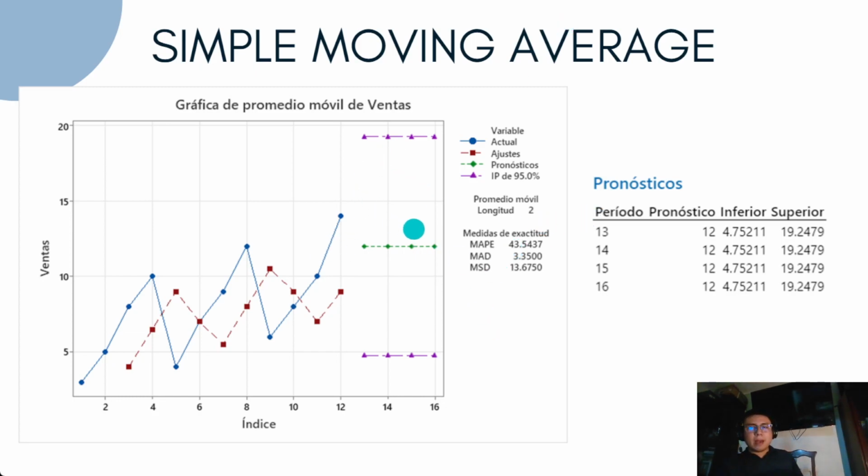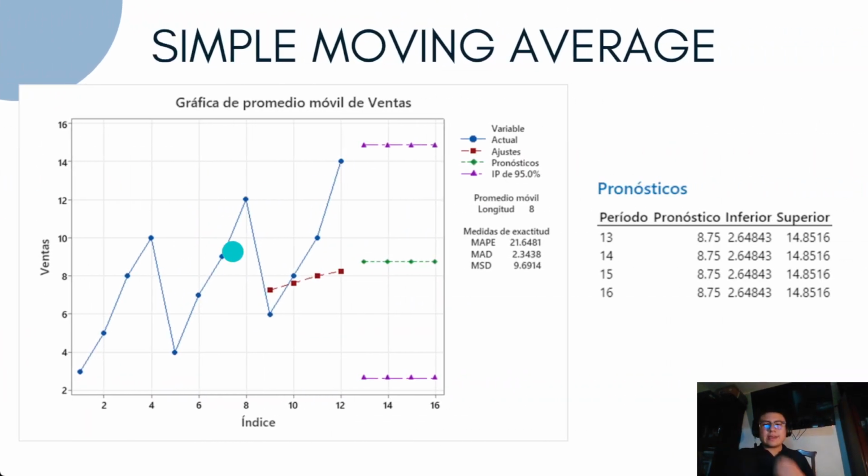Here we have a MAPE of 43. This is a simple moving average with a length of 2, and the forecast isn't very good, so we can't take this model into account. We get another moving average model with a MAPE of just 21.